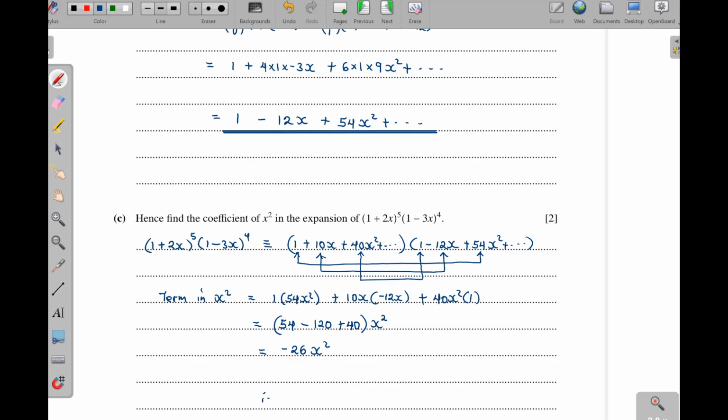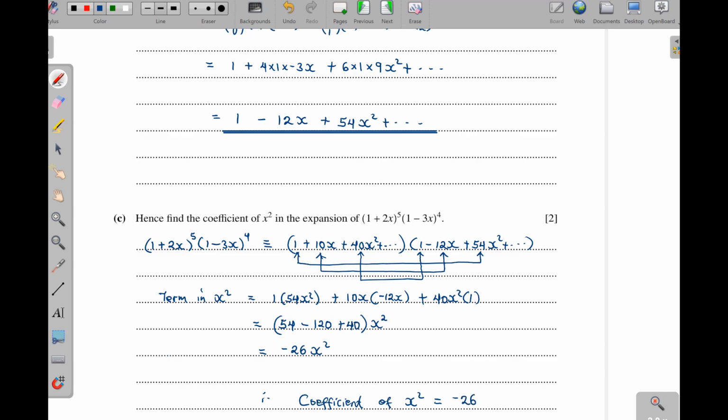And then you conclude. You don't say x squared is equal to negative 26, because I'm seeing this mistake done by many students. You just conclude, they asked for the coefficient. So you write that word there, coefficient. Coefficient of x squared is equal to negative 26.